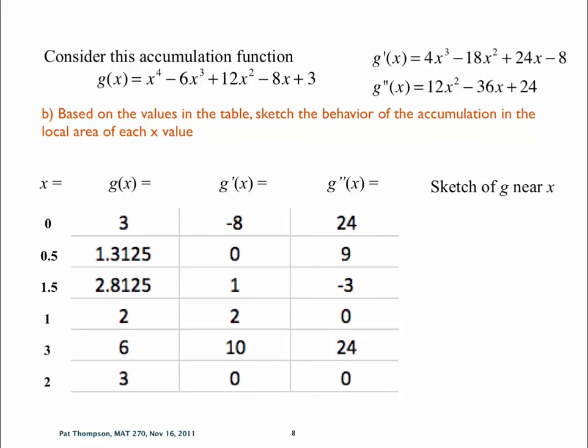So somehow it's going to be going down. Now we're going to include the information on the second derivative. What does it mean that g double prime is positive?